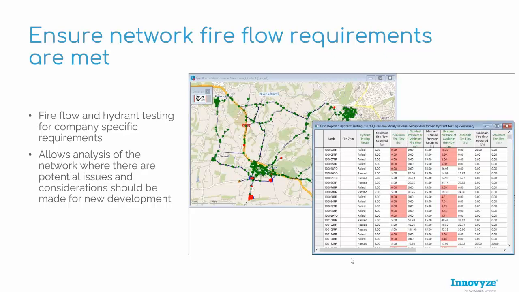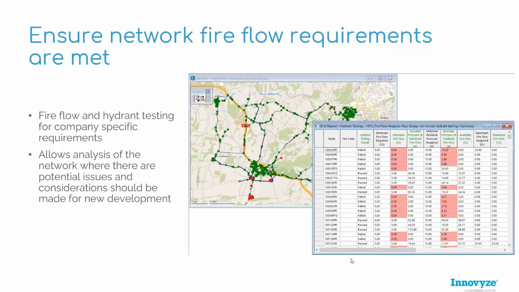and that those fire flow requirements are met. This can be a task that is undertaken as a one-off task. If utilities think that they potentially have had a lot of growth in an area recently, they may want to do this assessment.